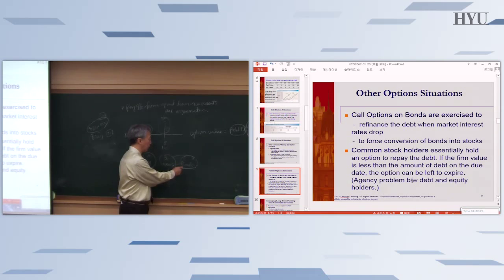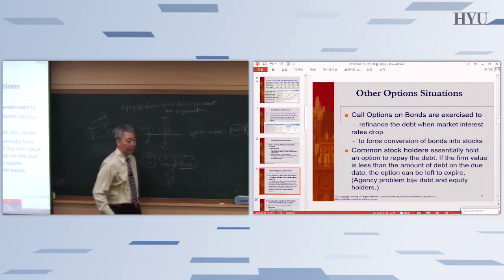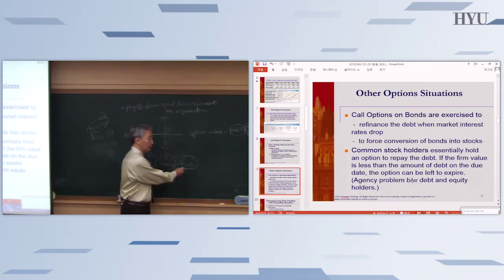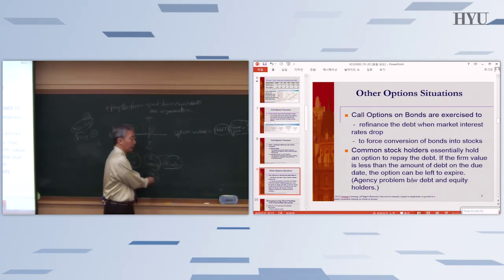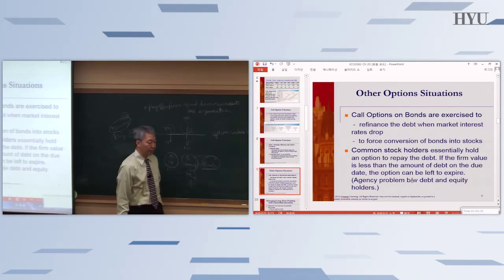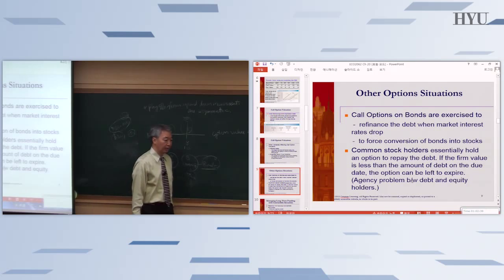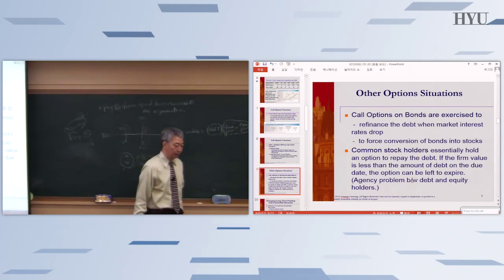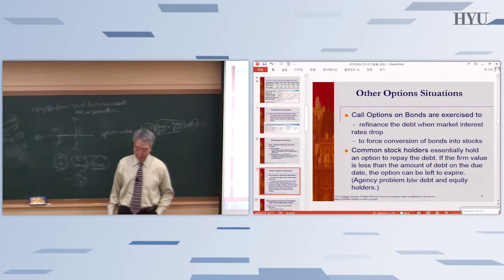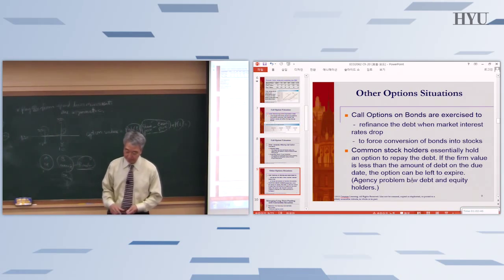So whether the company makes high profit or low profit doesn't matter to bondholders, as long as the company doesn't go into bankruptcy and as long as they can make the interest payment. It doesn't make any difference to bondholders. So that's the case of the agency problem.